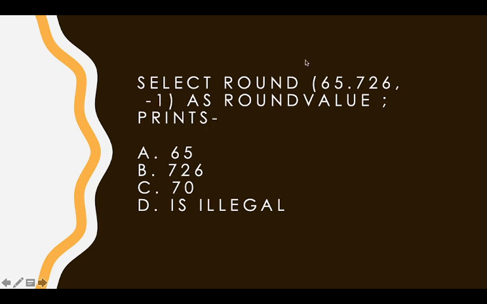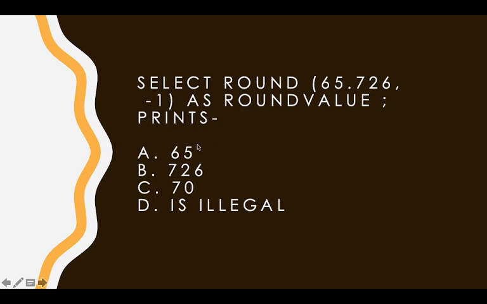So the result will be from the left of the decimal point up to 1, right? So if you want to find the round for 65, we are going from the left side here to the first place because -1 is mentioned here.